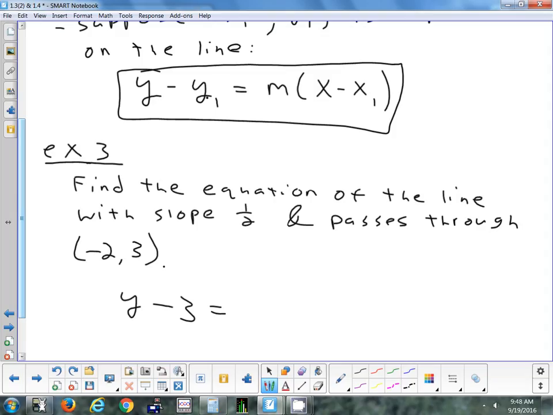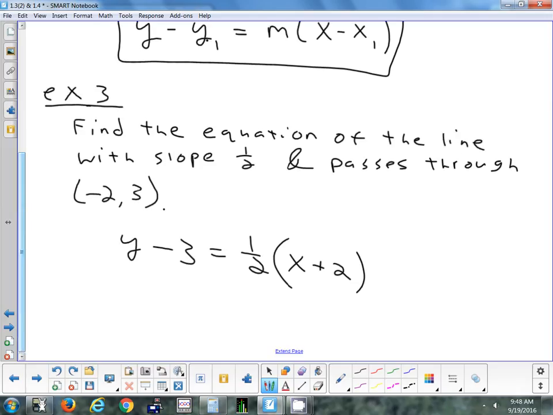What would I fill in for m? A half. And lastly, what would I fill in for x1, and what's going to happen when I do that? Yep. When I plug in -2 for x1, I'm subtracting -2. So as Ian just said, it becomes a +2. That's your equation in point-slope form.